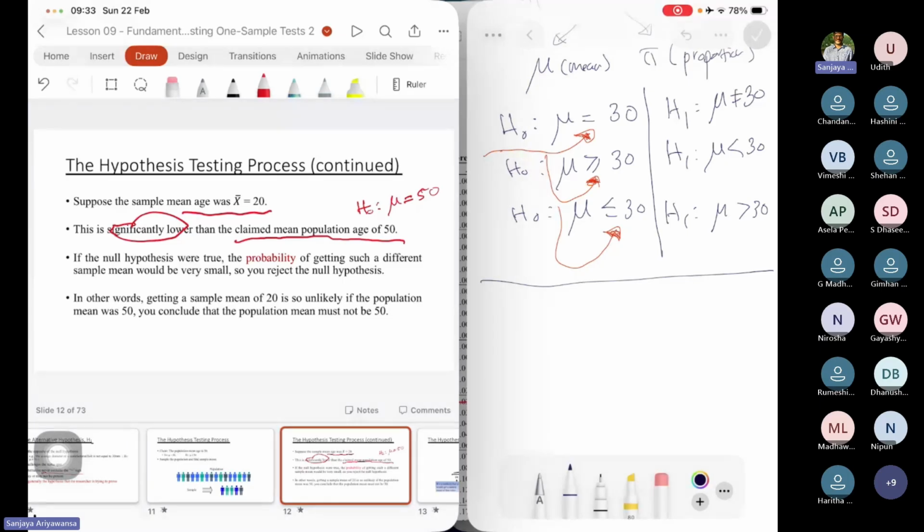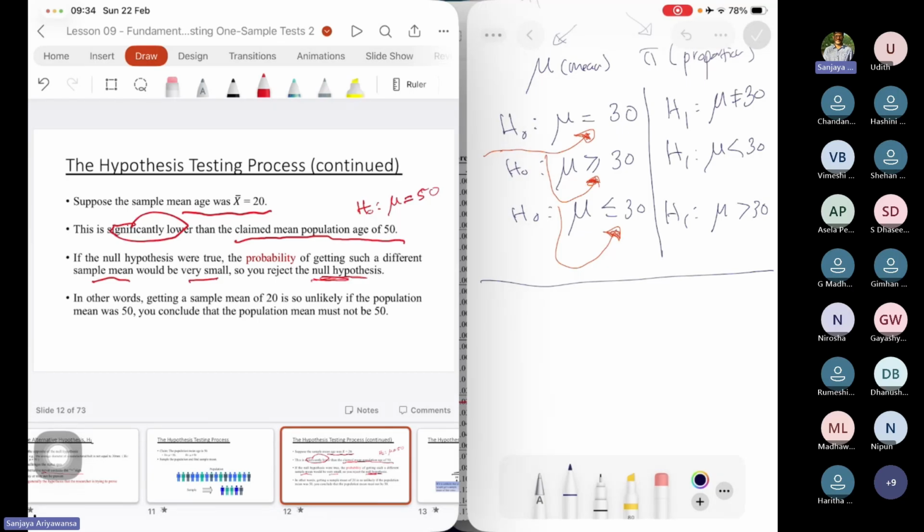Mu is the mean age of 50. The probability of getting such a different sample mean is very small because it's quite far away. So you can actually reject the null hypothesis. That is, you can reject the claim that you're making, H naught, that the population mean is 50.